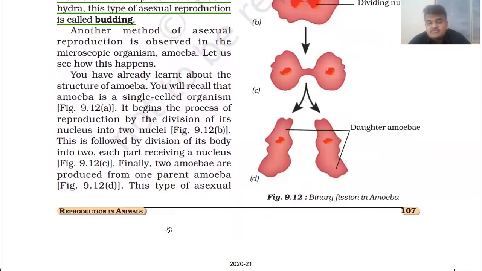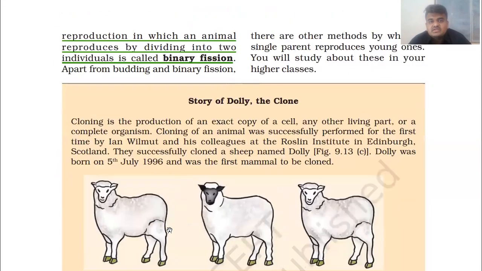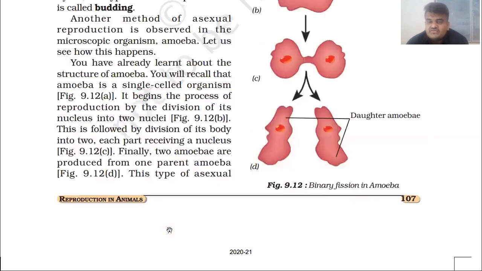This type of asexual reproduction, in which an animal reproduces by dividing into two individuals, is called binary fission. So we have studied four definitions in this topic 9.3: buds, budding, asexual reproduction, and binary fission.